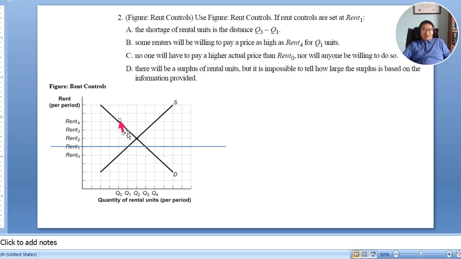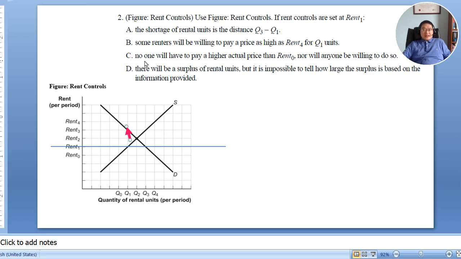It's the whole market, and that actually doesn't really make a lot of sense. Especially, we can imagine at Q0 there are people who have a higher willingness to pay than rent 4, but at Q1 the willingness to pay has declined to rent 3. So it doesn't make a lot of sense.